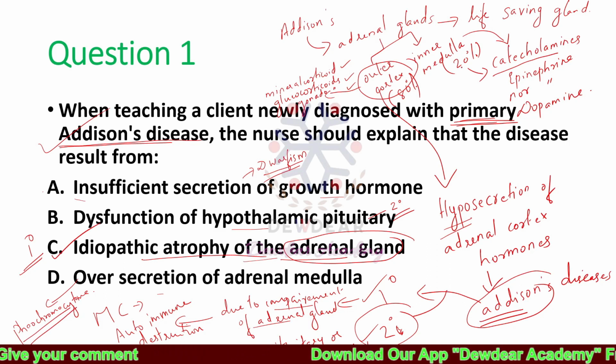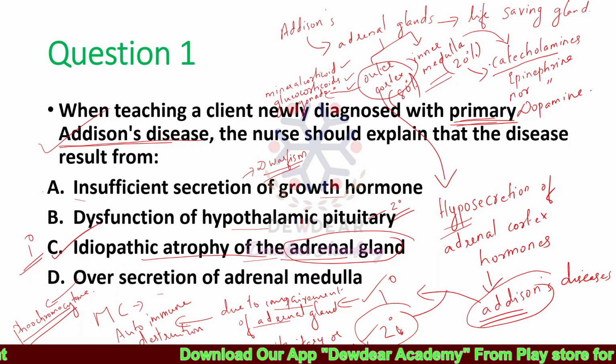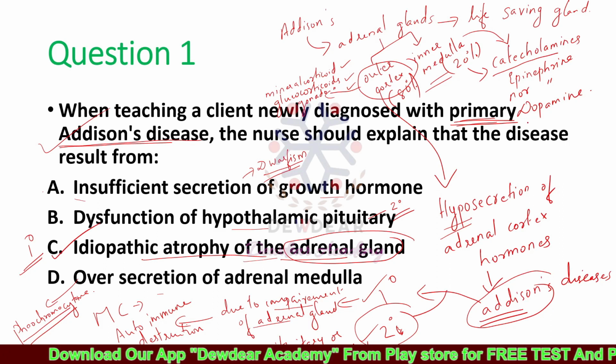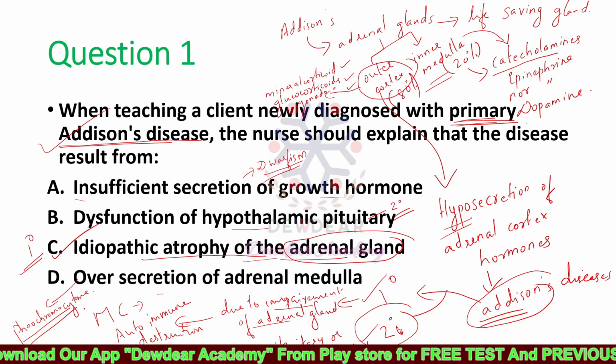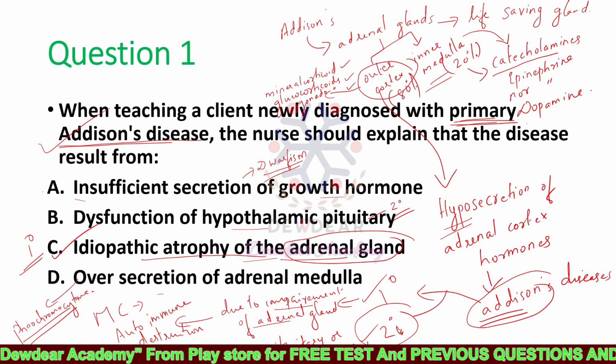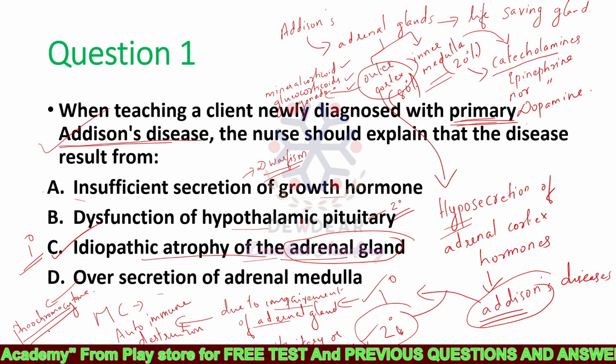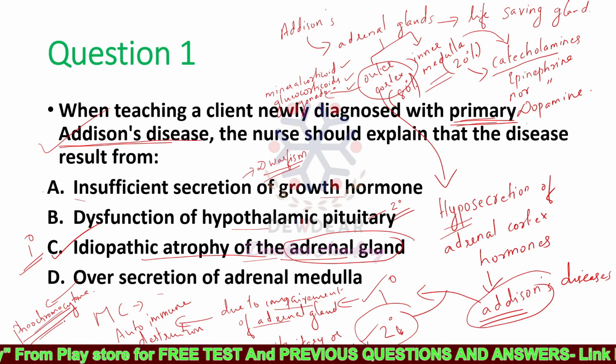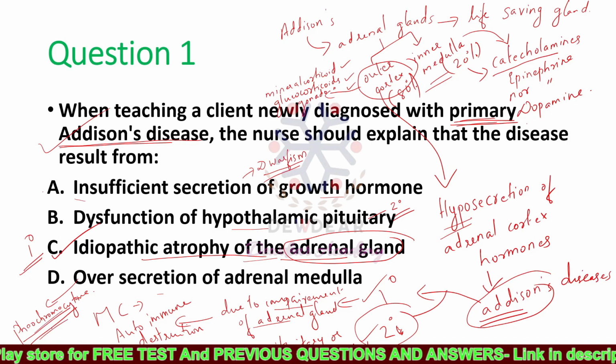We have already discussed the inner medulla, which releases catecholamines like epinephrine, norepinephrine and dopamine. Excess secretion of these hormones causes pheochromocytoma, so that is not related to Addison's disease.